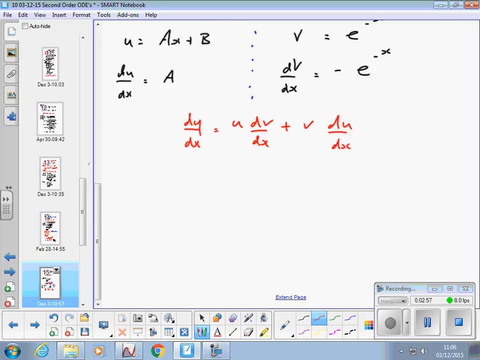So it's going to just equal u, which is ax plus b, times dv by dx, which is minus e to the minus x, plus v, which is e to the minus x, times the differential of u, which is a. So that's our differential.